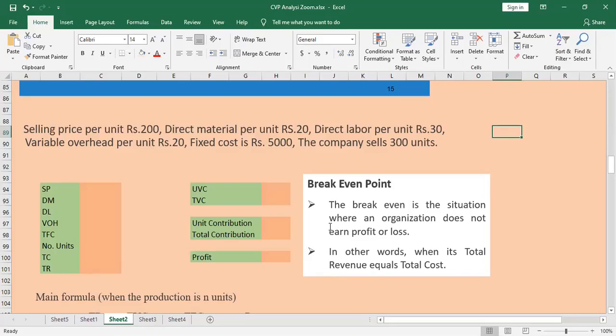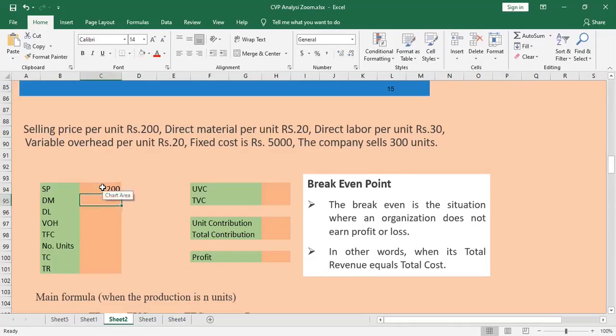So let us do the calculation. What are the things we need to calculate here? We need to calculate the contribution. Let me take the values for all the variables that we know here. For the selling price, we know it is 200 rupees, so I'm going to put 200 here.